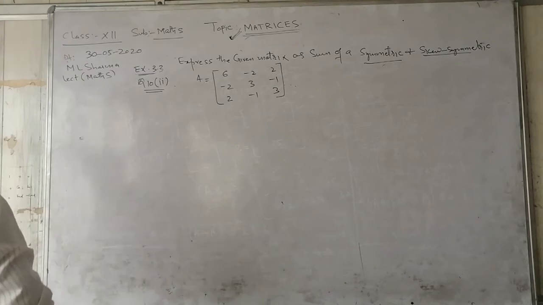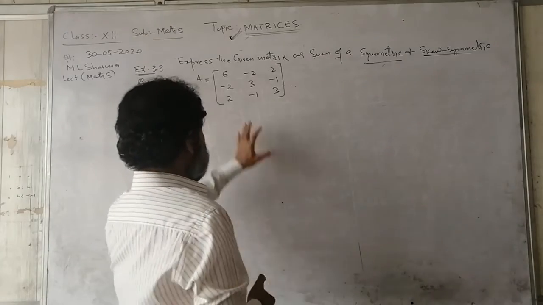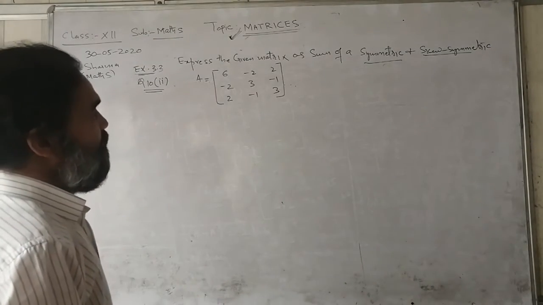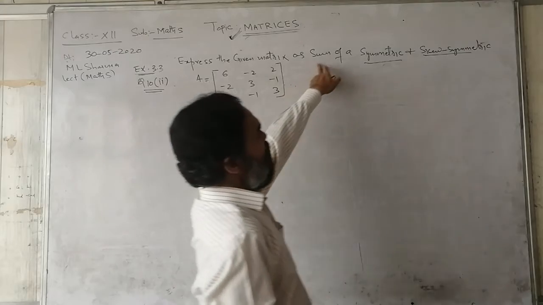So this is a question in which this is to be expressed as sum of symmetric and skew symmetric.